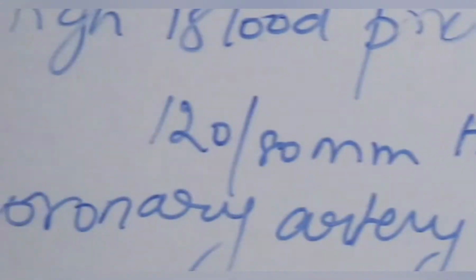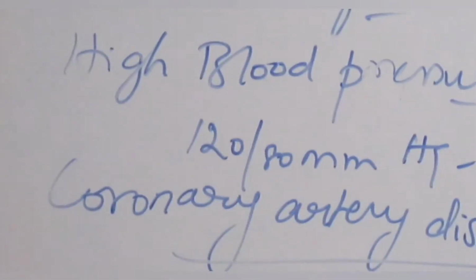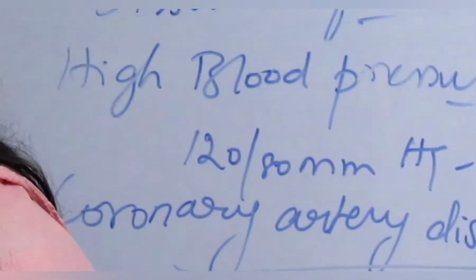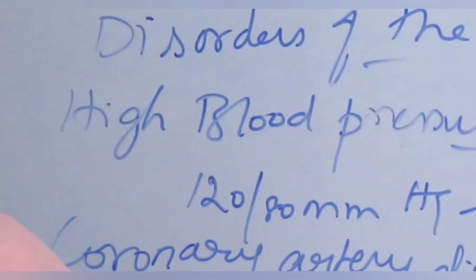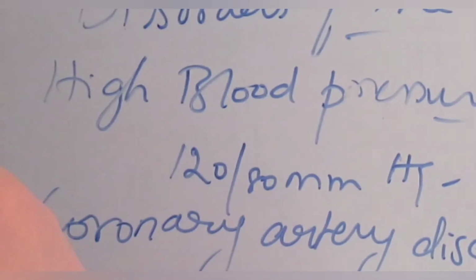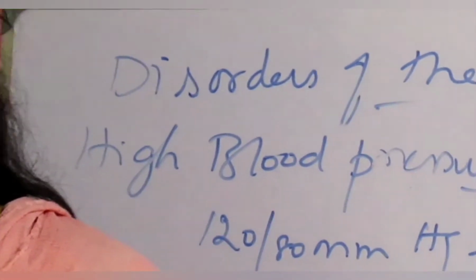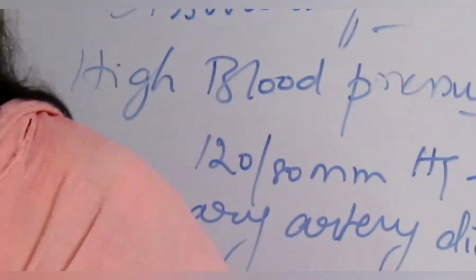Secondly, coronary artery disease, otherwise called atherosclerosis. It affects the vessels that supply blood to the heart muscle. It is caused by the deposition of calcium, fat, cholesterol and fibrous tissues, which make the lumen of the arteries narrower.